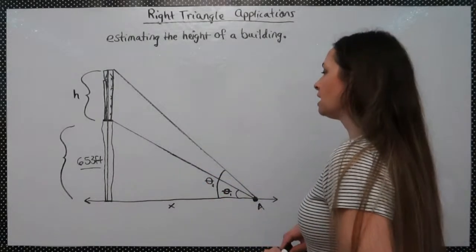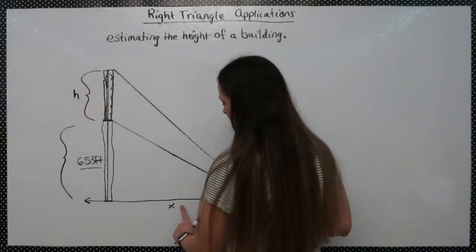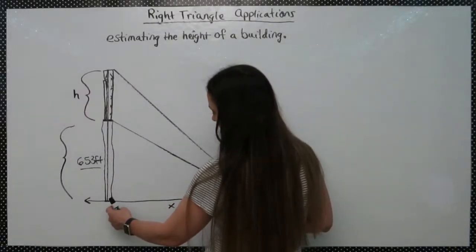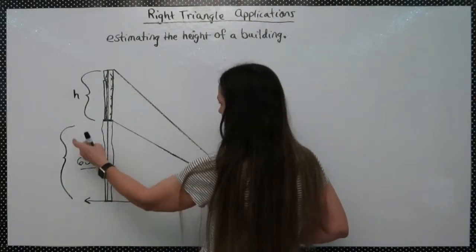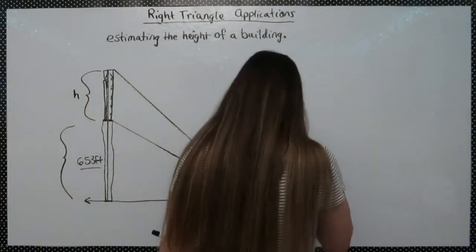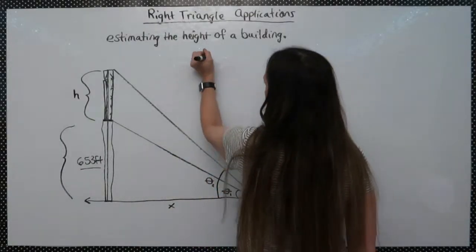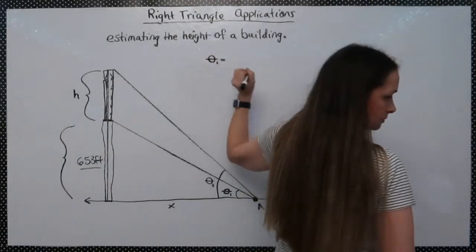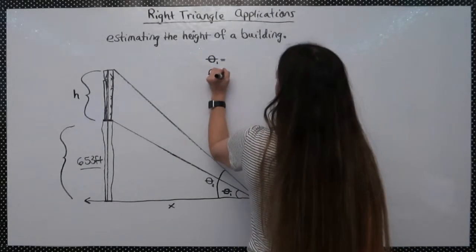What I did was I found this value, so I found this distance, and then I used this distance and this distance to find this one. So we have theta sub 1, we'll go ahead and list those. That first theta was given, and theta sub 2 was also given.